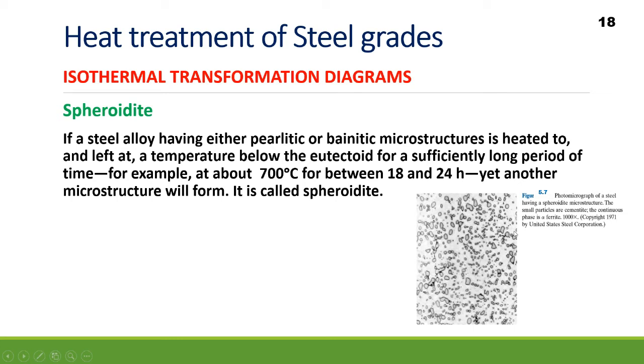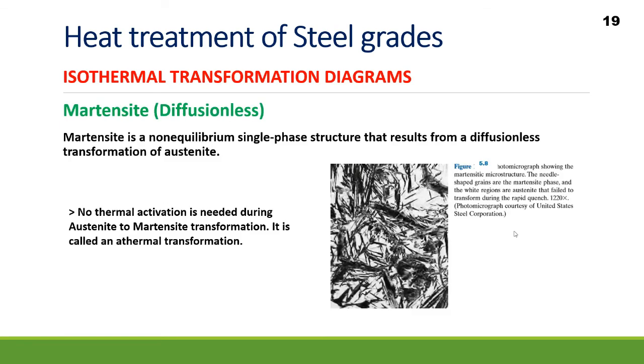This transformation has occurred by additional carbon diffusion, with no change in composition or relative amounts of ferrite and cementite present. So this is our spheroidite, and next is martensite.